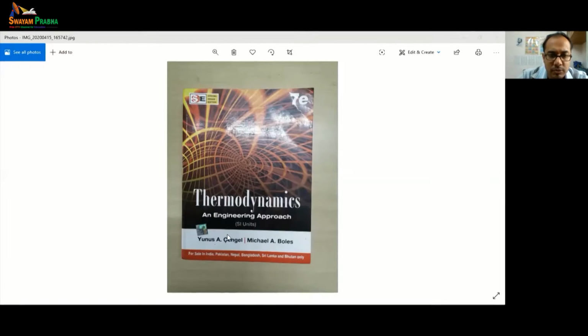This is a book by Cengel and Bowles, which is the undergraduate level thermodynamics book for engineers, and this is the book we follow at IIT Kanpur for UG thermodynamics teaching.